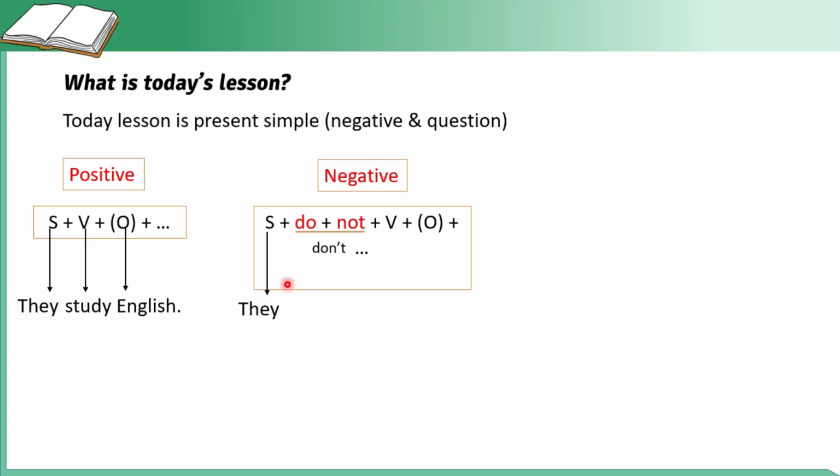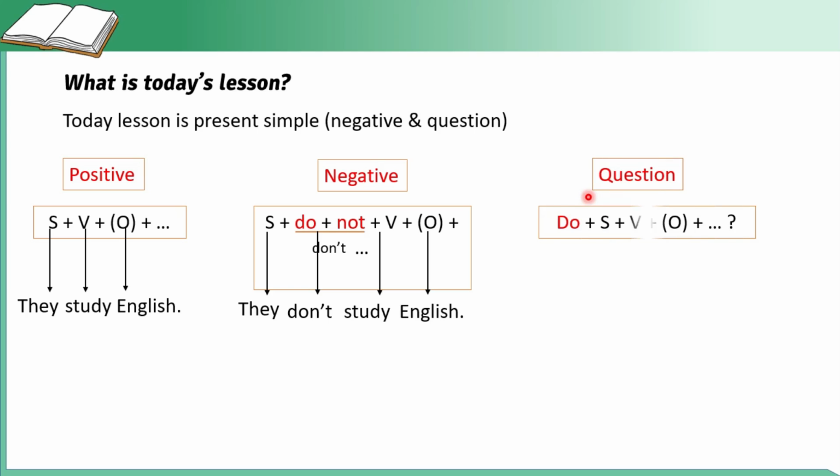Okay, subject they plus don't plus verb study and plus objects English. So this is the negative sentence. They don't study English. Next, write the form of question and make this sentence into question. Okay.